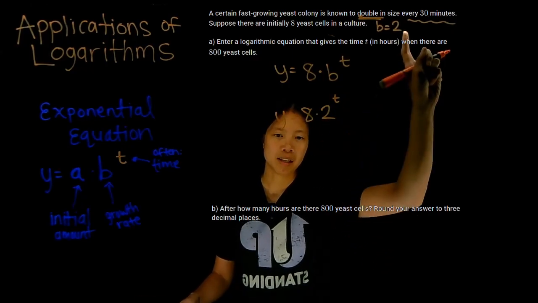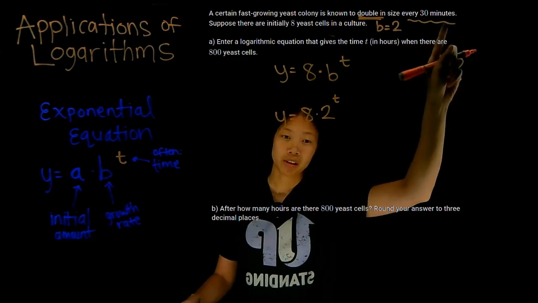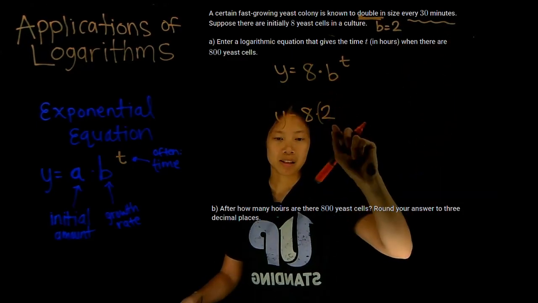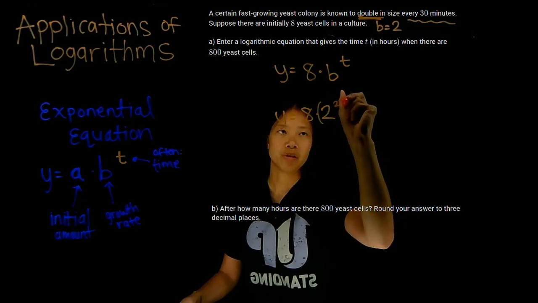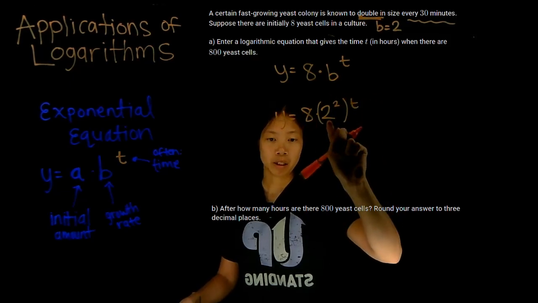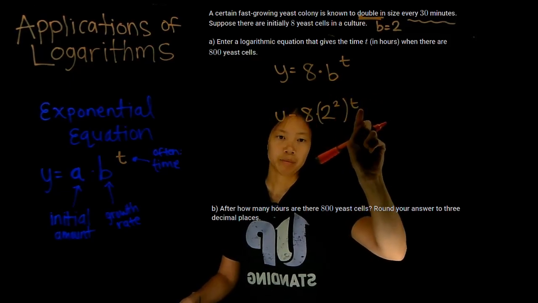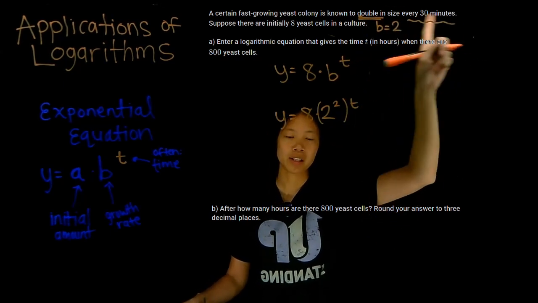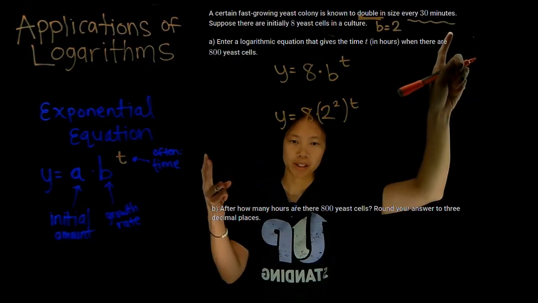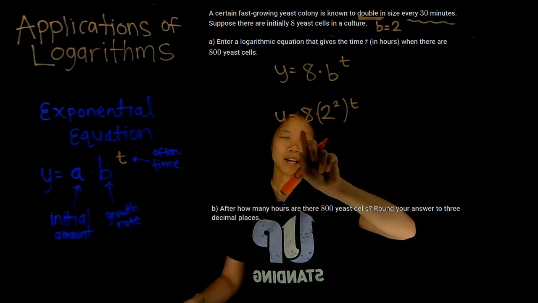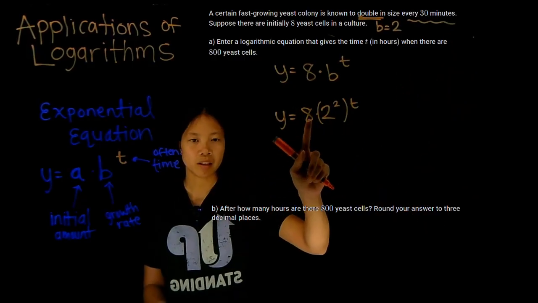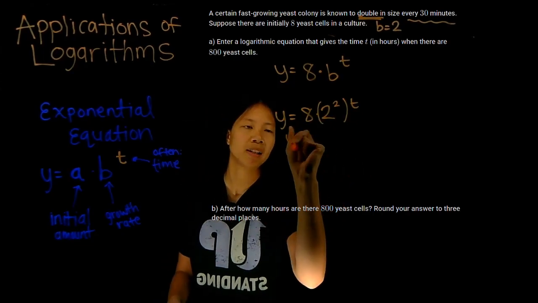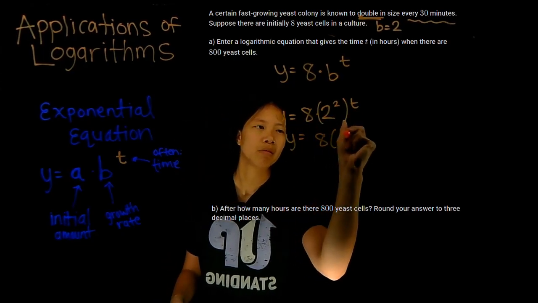However, it says it's doubling in size every 30 minutes, so that means it's doubling twice in an hour. So we're going to put a 2 here, because every 30 minutes it doubles once, and after 60 minutes or 1 hour it will have doubled twice. So I started off with 8 yeast cells, and those yeast cells are doubling twice in the hour. If I simplify this, y equals 8 times 4^t.